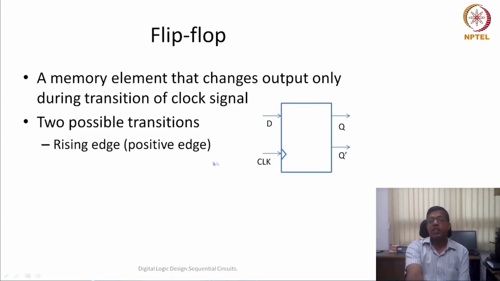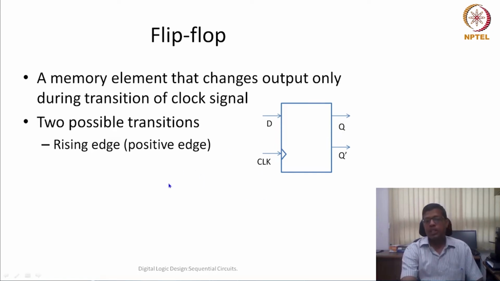So that means whenever this clock transitions from 0 to 1, that means there is a rising edge or a positive edge, then this output will change, otherwise output will not change. So my input can be anything in between, but only when there is a rising edge of the clock is there a possibility that Q will change, otherwise Q will not change.